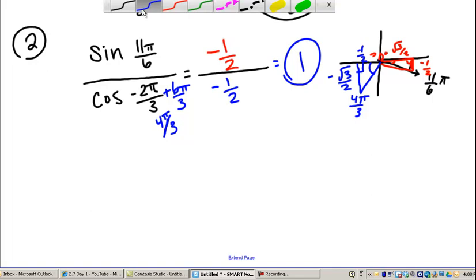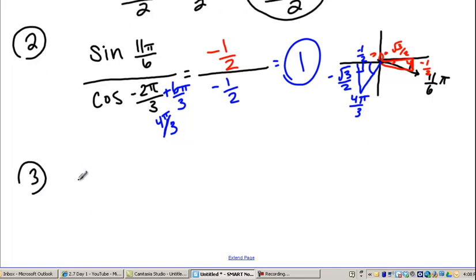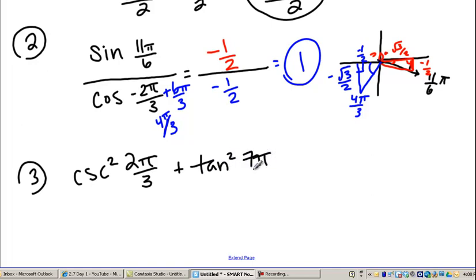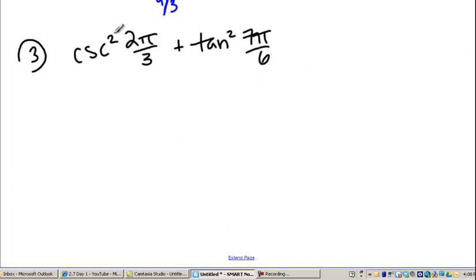Okay. Last but not least example. We've got cosecant squared of 2 pi over 3 plus tangent squared of 7 pi over 6. Okay? All you're doing when you're squaring it is you're actually squaring out whatever you got.